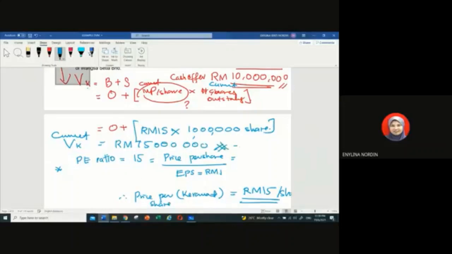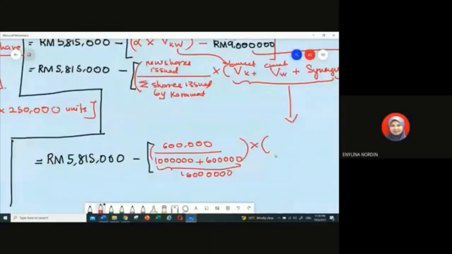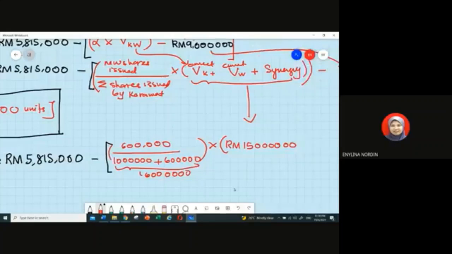Okay, so this data will be calculated into our calculation here. You take this RM 15 million, which is what we calculated just now, 15 million by using the PE ratio and the EPS.